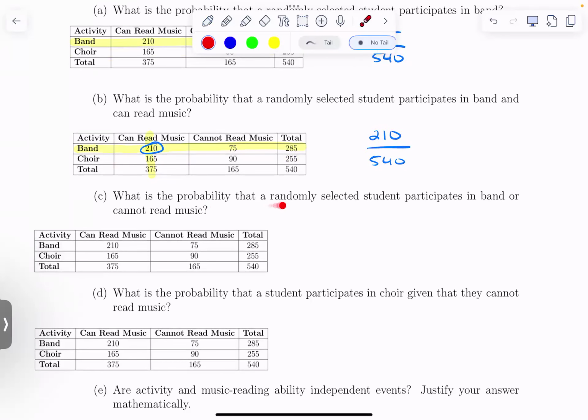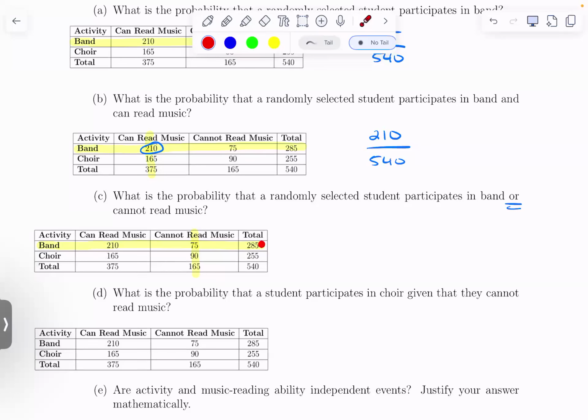What's the probability that a randomly selected student participates in band or, okay, that's a big one, cannot read music? So they can be in band or they cannot read music. And so inside here, you want to pick out all the highlighted ones. Then there's a couple of different ways that you could do it, right?